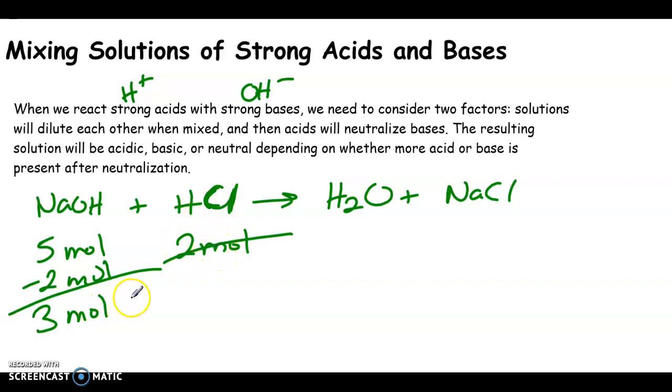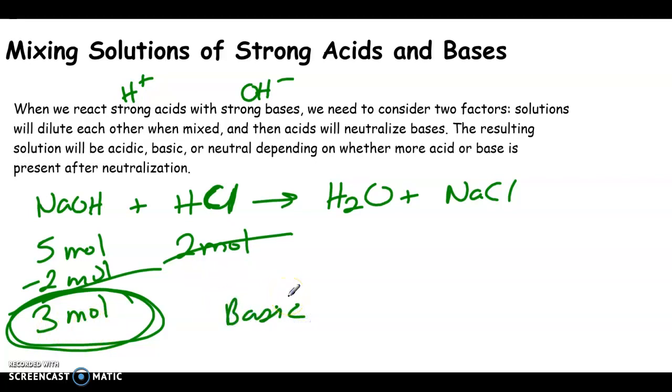But because now I no longer have all of my reactants being completely used up, I'm going to have leftover hydroxide coming from my NaOH that has remained unreacted. So this would then result in a basic solution.